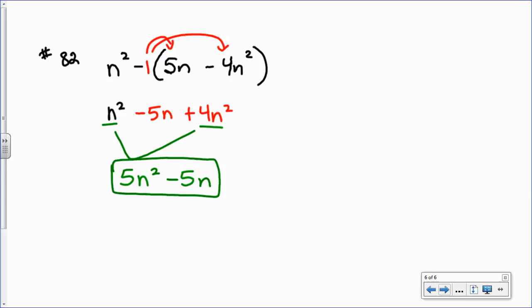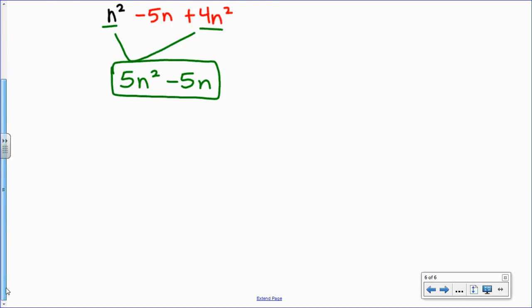Okay, so let's look at another one. Okay, we're going to learn in R3 to multiply binomials times trinomials.